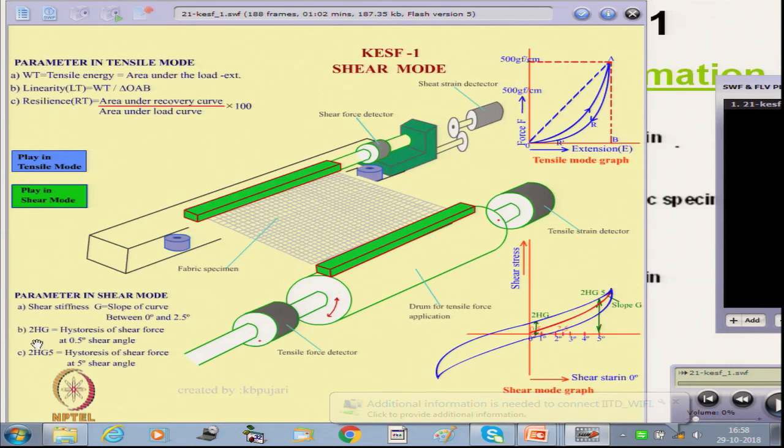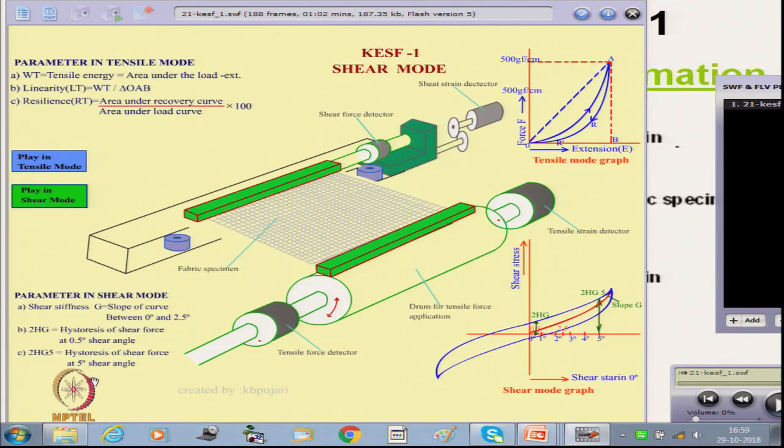Another parameter is 2HG, which is the hysteresis of shear force at 0.5 degree shear angle. We have a maximum of 5 degree shear angle here, so we can get the shear angle at 0.5 degree. If we take the hysteresis, this will be 2HG, and if we take the shear hysteresis at 5 degree shear angle, that is 2HG5.